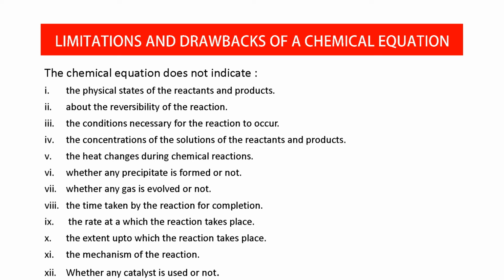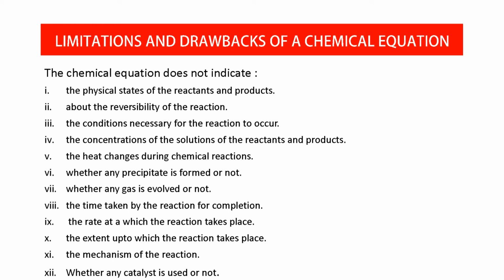About the reversibility of the reaction, whether the reaction is reversible or irreversible, it is not confirmed by the chemical equation. The conditions necessary for the reaction to occur: all of you know that when there is a chemical reaction, there are certain conditions like heat, light, which are necessary to complete the reaction. By looking at the chemical equation, we can't get this information.